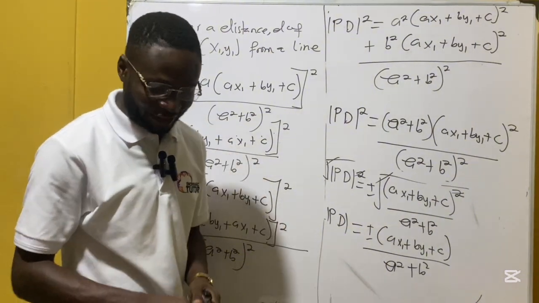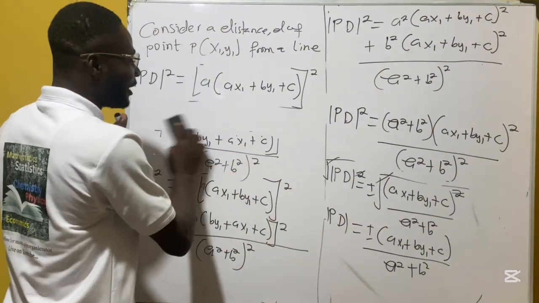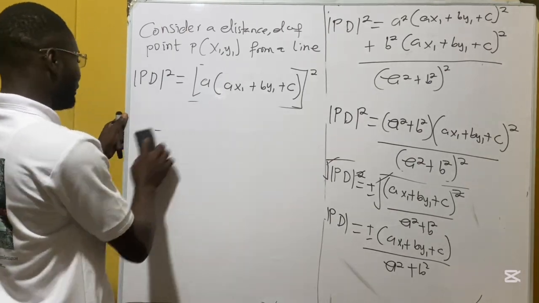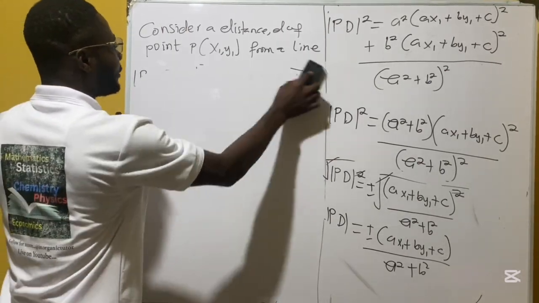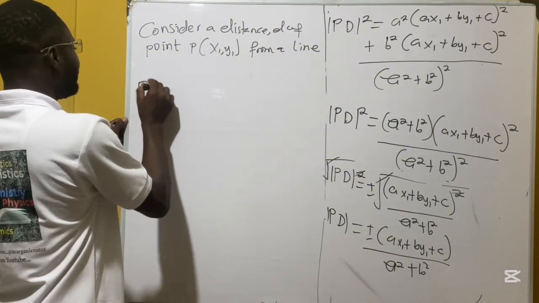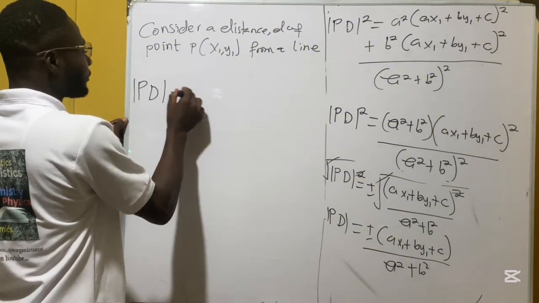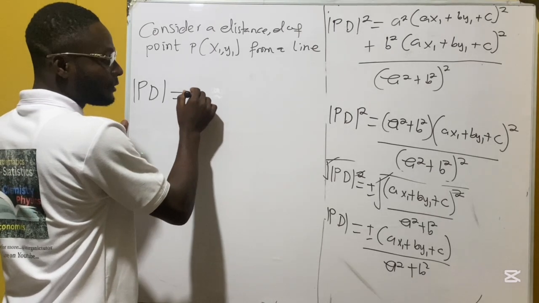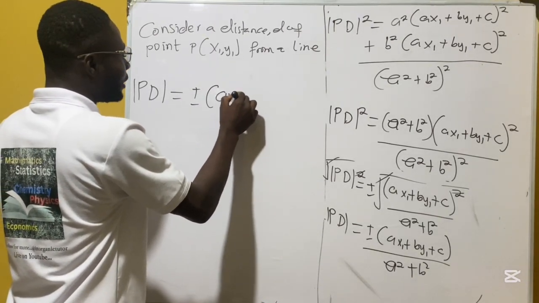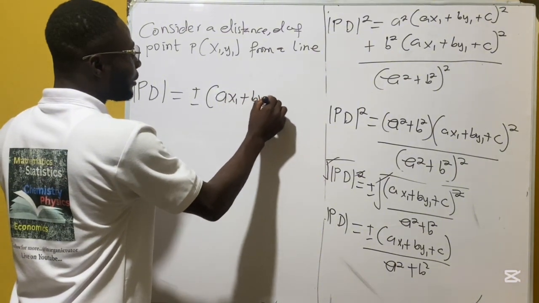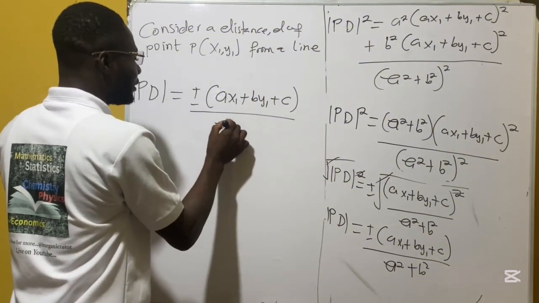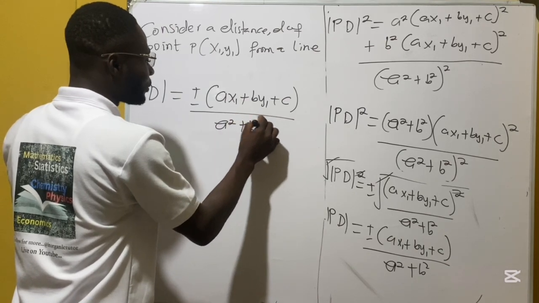Very beautiful, right? So from here, we can say that the distance PD equals plus or minus ax1 plus by1 plus c all over a squared plus b squared.